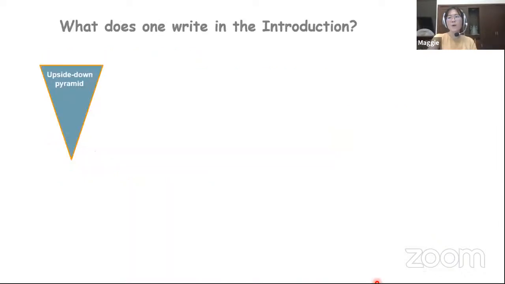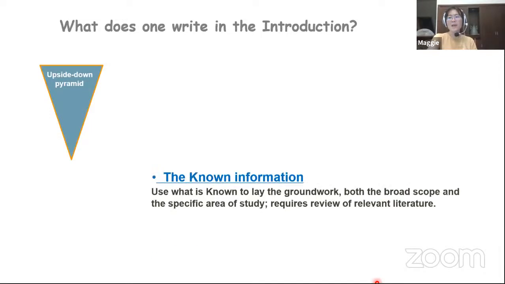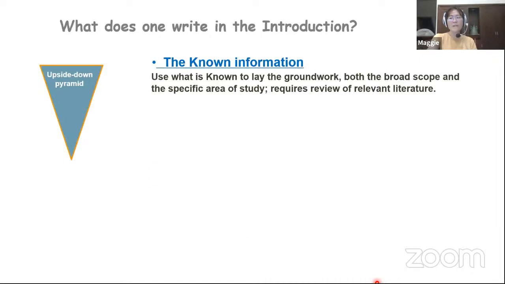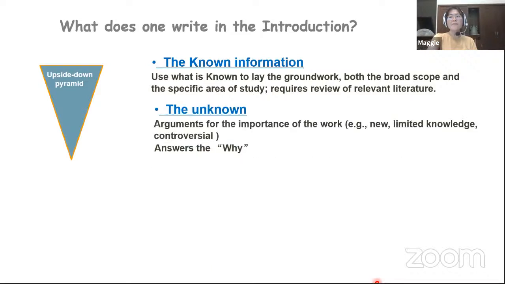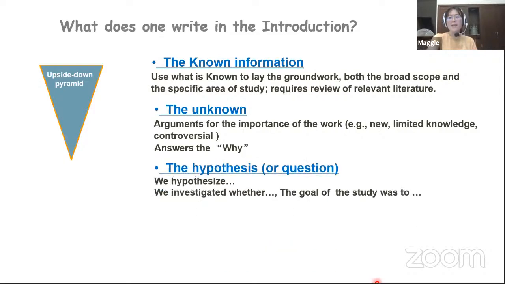So what does one write in the introduction? It looks like an upside down pyramid. First, tell the known information, the background of the field. Then the unknown tells what's the unknown in the field and why you do this study. And then your own hypothesis.